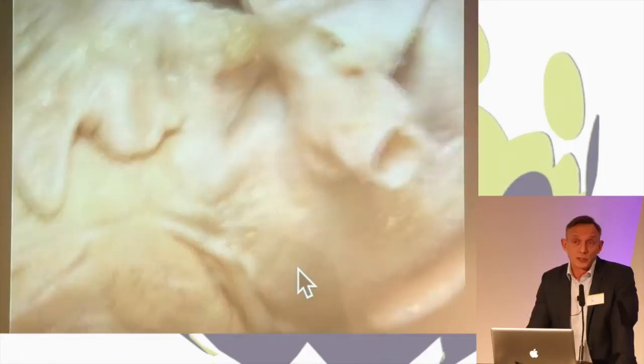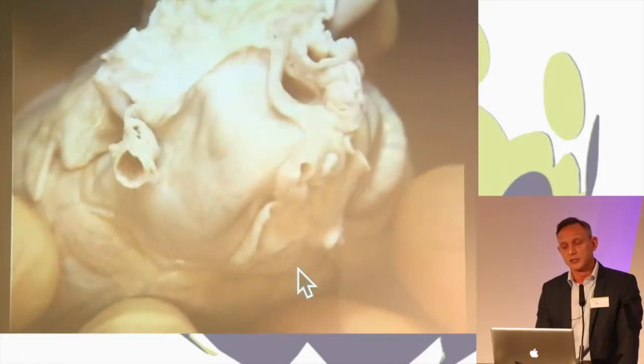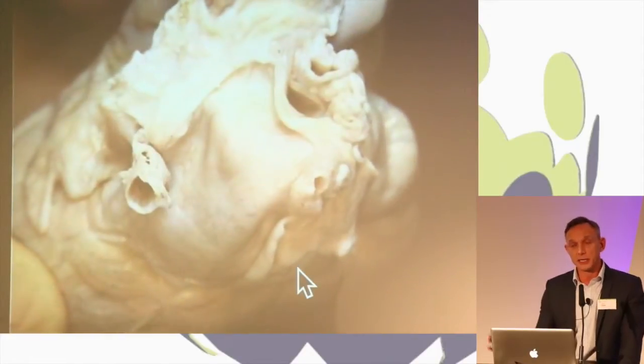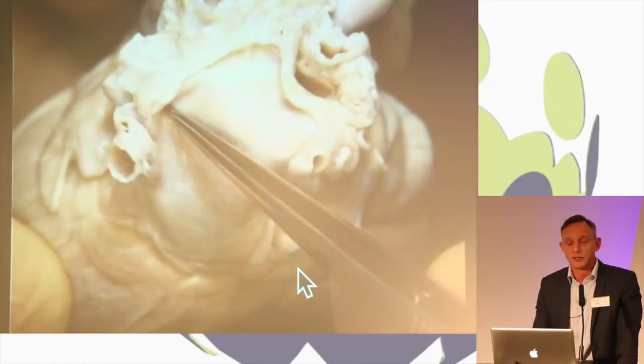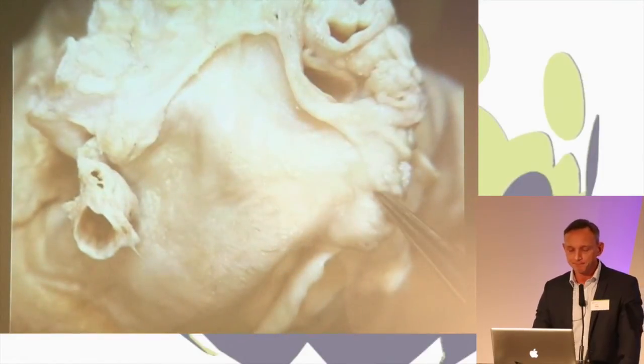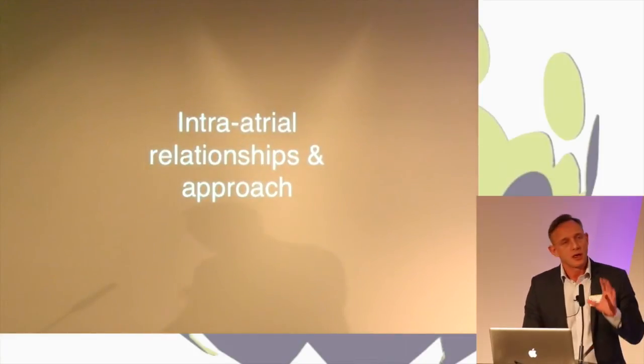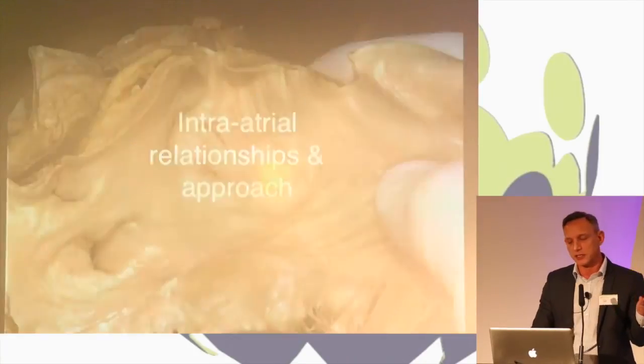So it is a fold, but it's also a muscular structure, and we'll look at that in more detail in just a moment. And then here is the oblique sinus behind the left atrium between the left and the right pulmonary veins. So just to give you an idea of the external anatomy of the appendage itself.